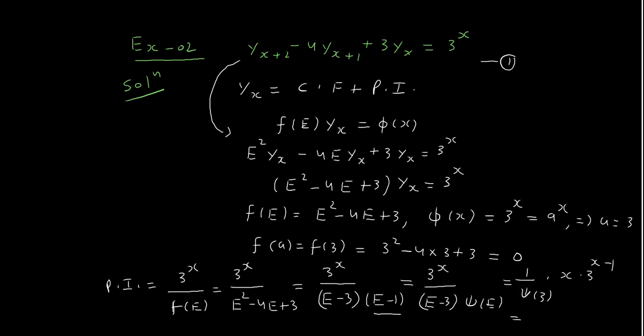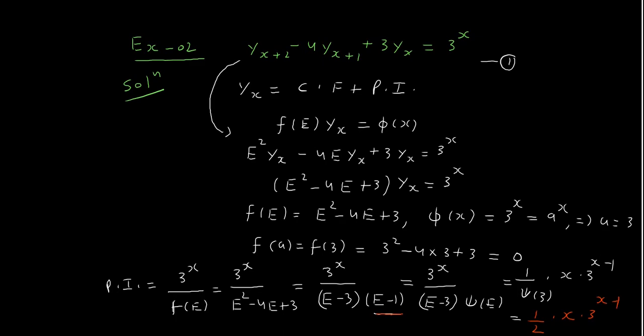Here this is a^x φ(E), so if we put E equal to 3, then φ(3) becomes 3 minus 1, which is 2, so 1 upon 2 into x into 3 to the power x minus 1. This is the particular integral.